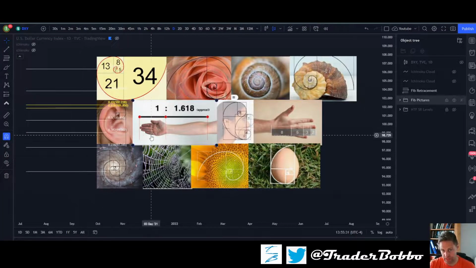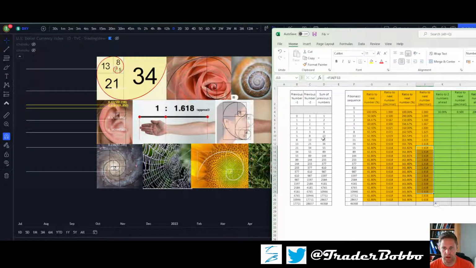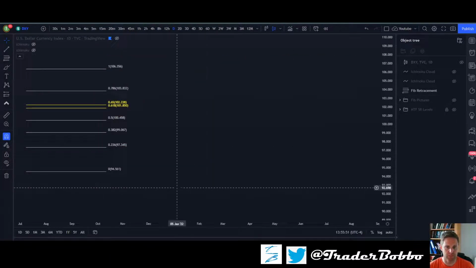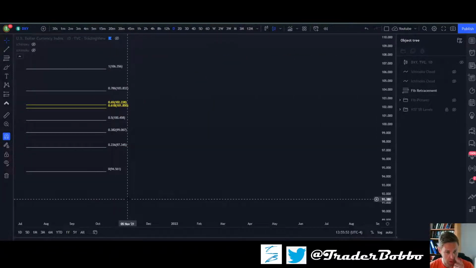Even the hand-to-arm ratio and all that sort of stuff. So everywhere throughout nature. You can do some research. I'm not going to go into any more detail on it, but 1.618 and these numbers are everywhere in nature. So this is brought into trading. Trading is based on human nature, so it all just goes into it.